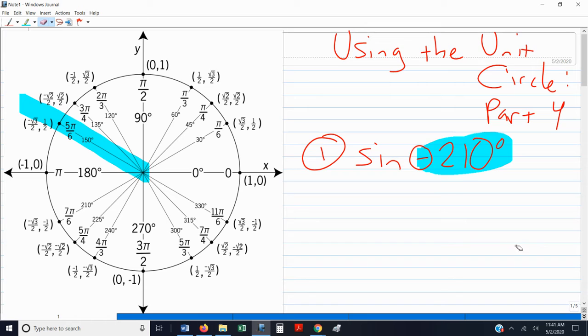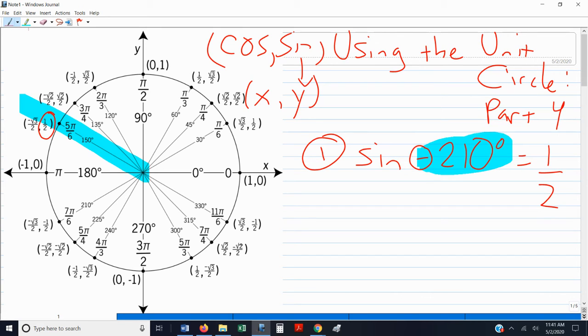And then the last thing you need is the sign. Which one is that? Remember, cosine comes before sine in the alphabet and x comes before y. So sine is the y value. Once you find the angle, for the sine, you're just going to grab that y value, and it's equal to 1/2. So that's the first one.